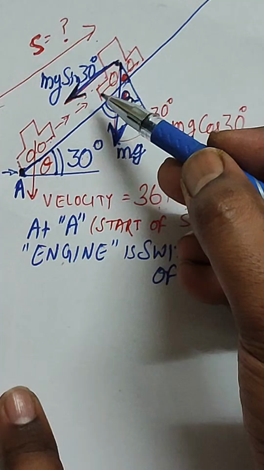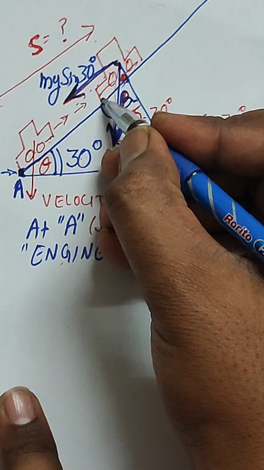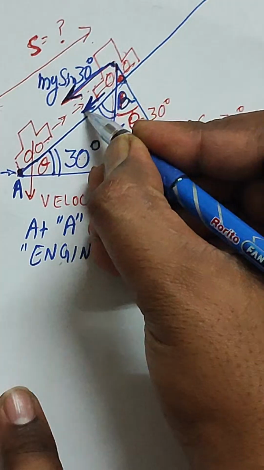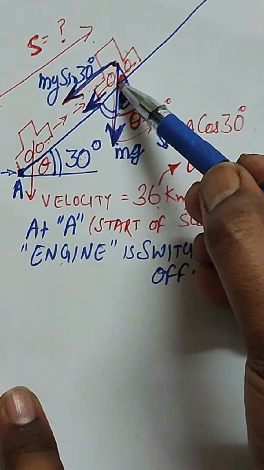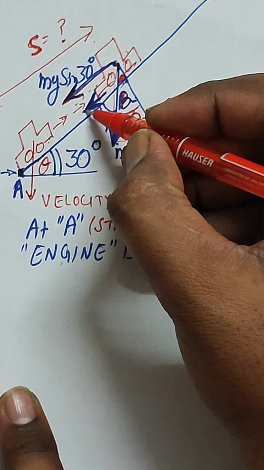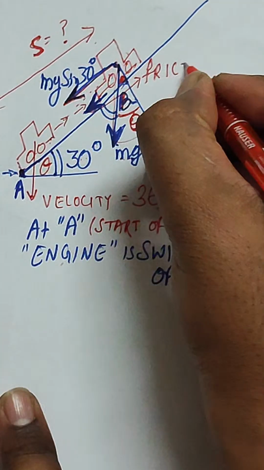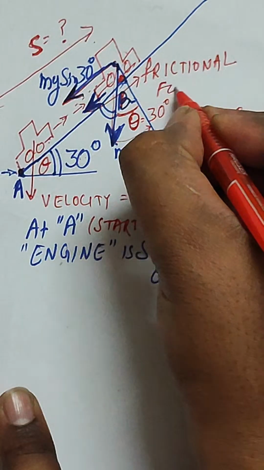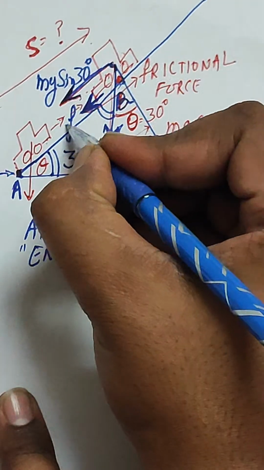If this car is moving upward, the friction will be acting in the downward direction towards the start of slope, because this frictional force is stopping the car. Let us represent it by a small f.